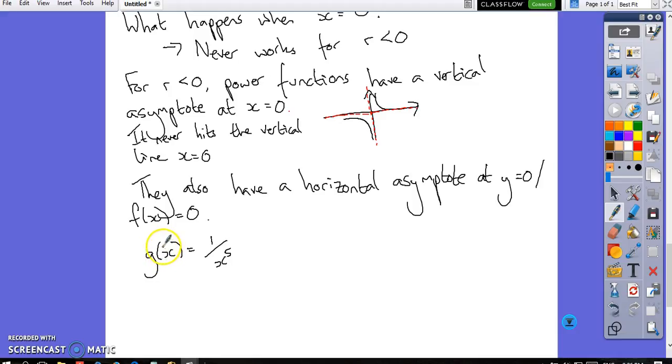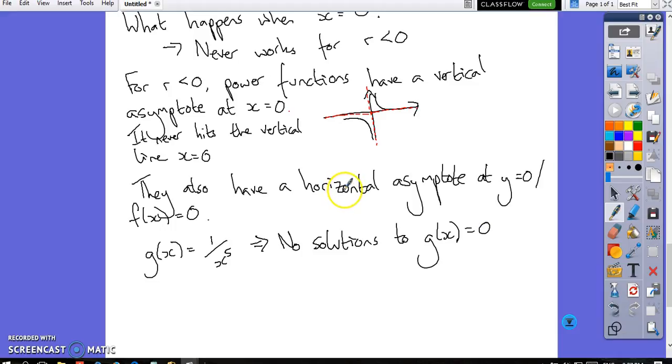But it's never going to be 0. I can never divide 1 by something and get 0 out. So that's because this has no solutions to g of x being equal to 0. And that's why we have this horizontal asymptote.